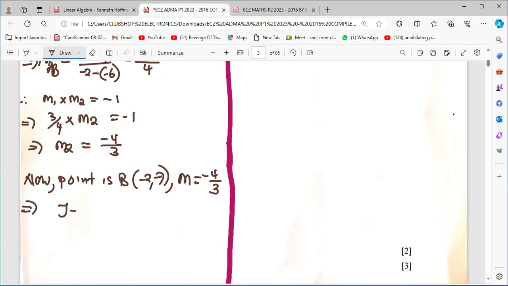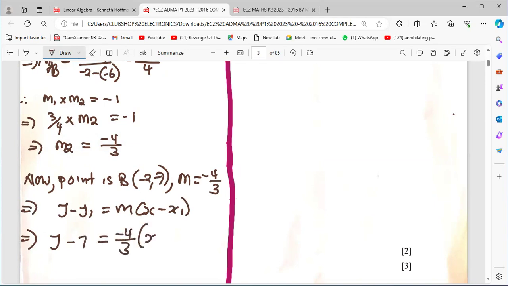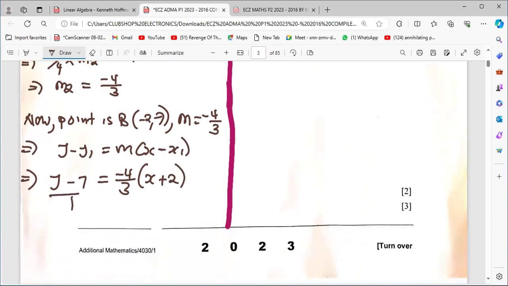Therefore, by y minus y1 equals m times x minus x1, what do we get? y minus 7 equals -4/3 times x minus -2, which becomes x plus 2, and we introduce a 1 under y minus 7 and cross multiply.